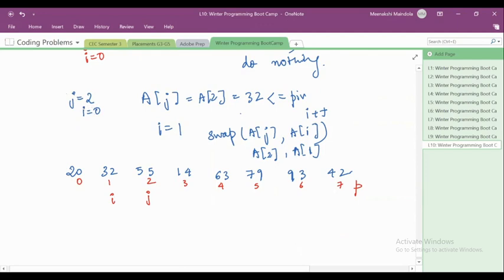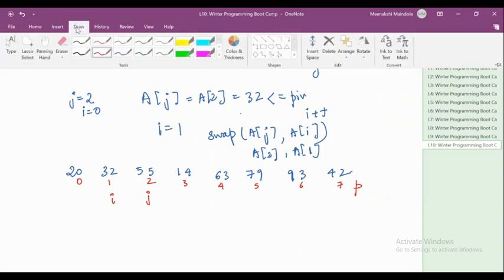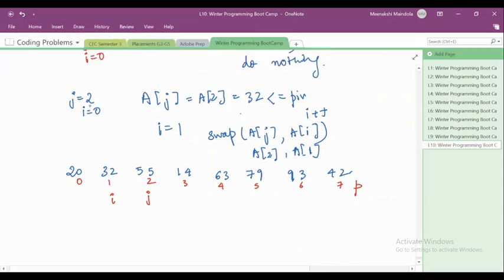So for this iteration, we had the value of j equal to 2. Now for the next iteration, we will increment the value of j. So j goes here, and i was earlier incremented, it had reached 1. So i is at 1, j has now come to index 3.